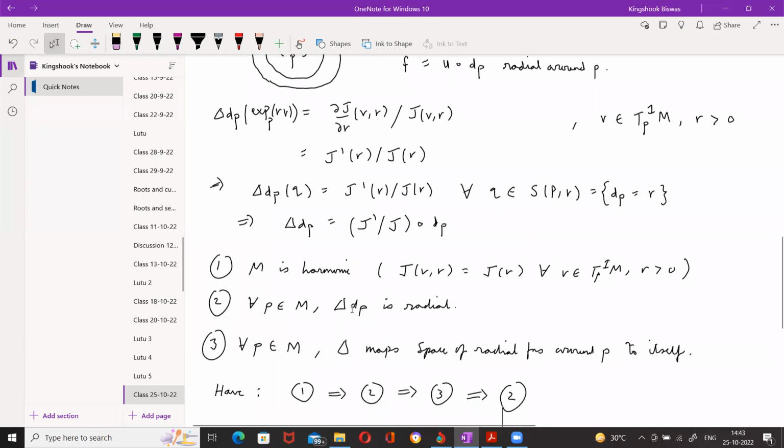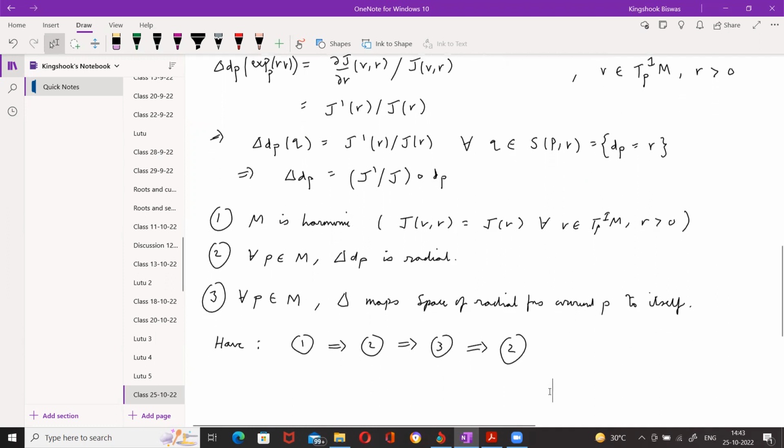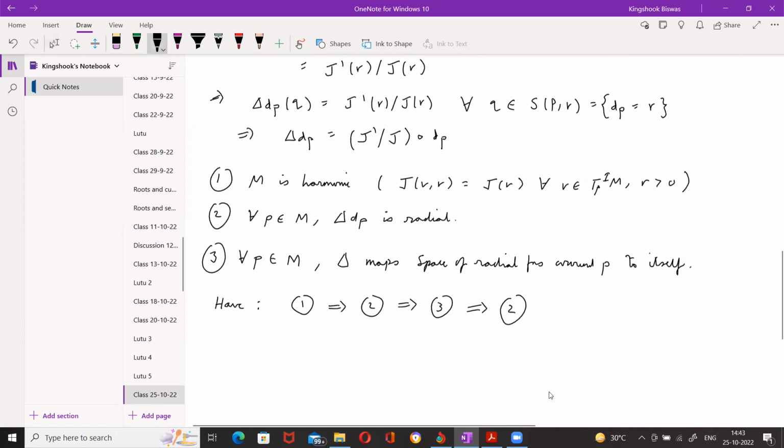Well, that's just because the distance function is radial, so its Laplacian by 3, by hypothesis, will be a radial function. So trivially 3 implies 2. The only implication left is 2 implies 1, right? So for 2 implies 1, I think this will be correct.